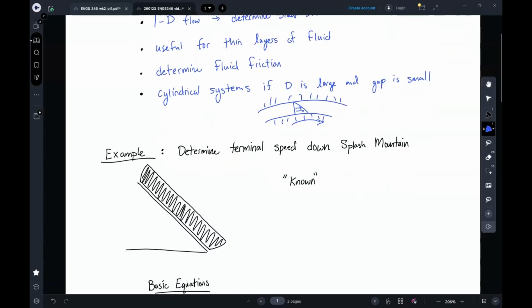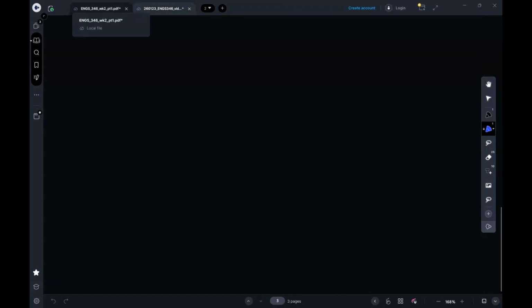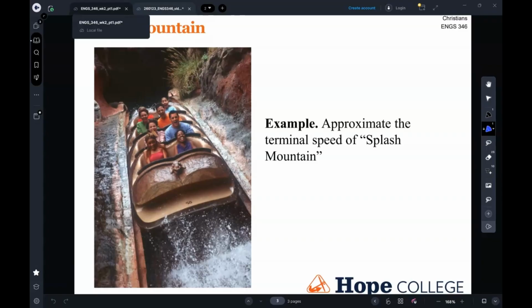So what we're going to do in this example is determine our terminal speed down Splash Mountain. If you don't know what Splash Mountain is, sadly, it doesn't exist anymore, and you will never get to ride it. But maybe you've ridden a log ride like this. Splash Mountain used to be a really famous ride at Magic Kingdom at Disney.